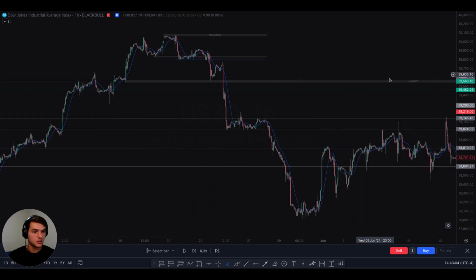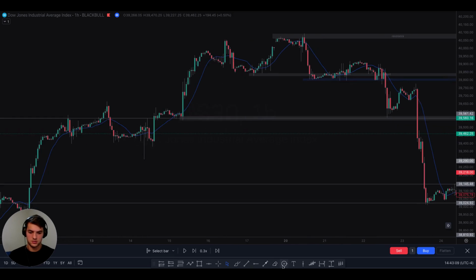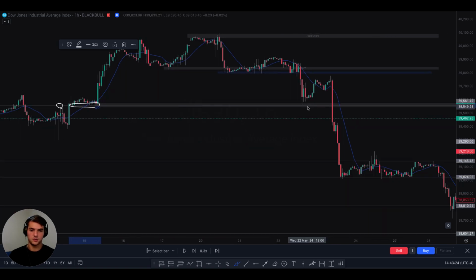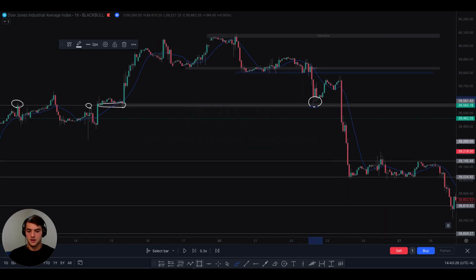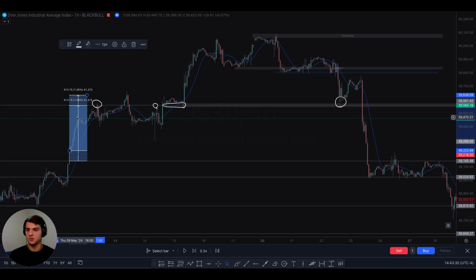If we look over here to the left, you see that this is 39,550 resistance. We broke above, broke below, some over here, level of support, maintain that level. We have a touch over here, and the most important of all, if we look at this range from here to here, I'm gonna just copy and paste.